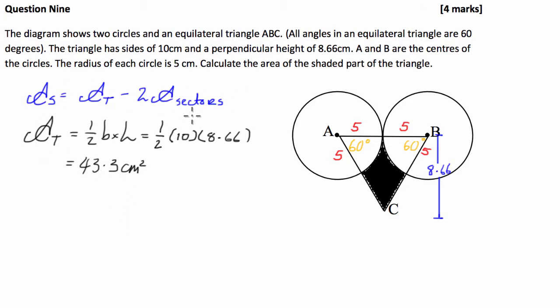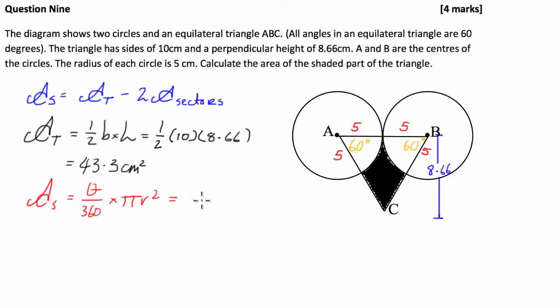Now, if we put that into our calculator, we get an answer of 43.3. Great. So now we're going to work out the area of one of the sectors. The area of a sector, in this case, is the angle on 360 times the area of a circle, pi r squared.